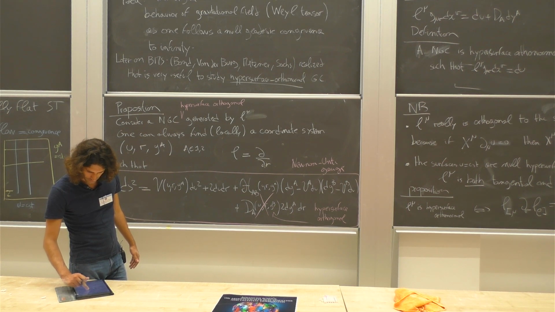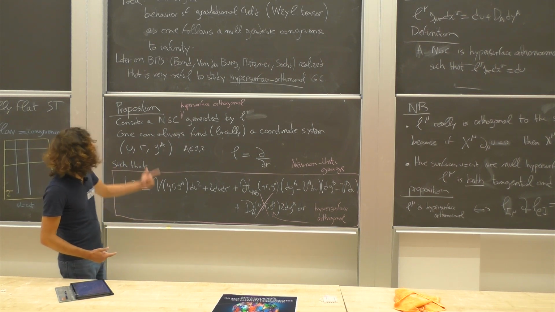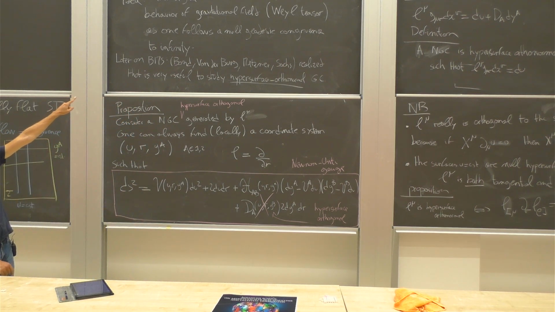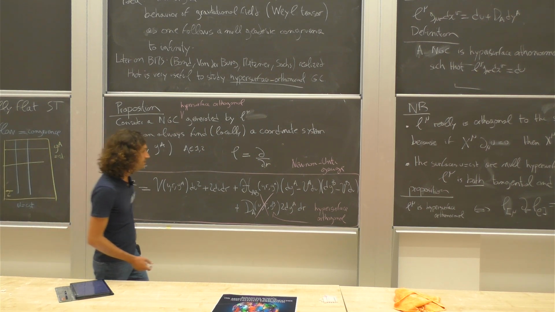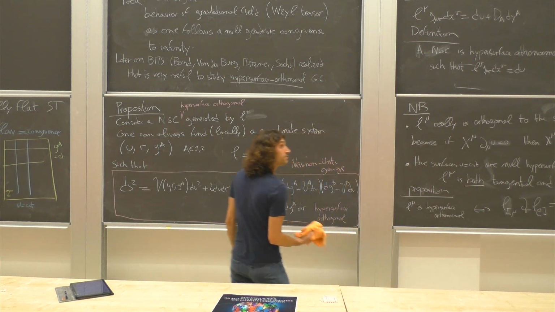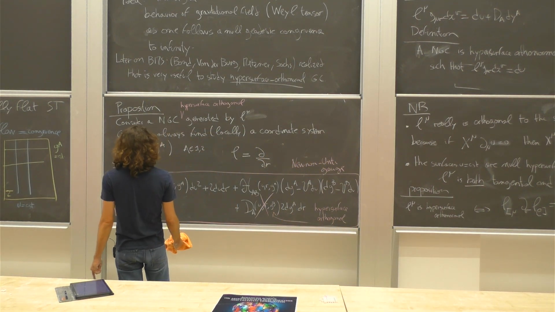Okay, so now we have a coordinate system, but remember the idea was we want to understand the behavior of fields along this null geodesic congruence. So in order to do this, what you need is null frames.